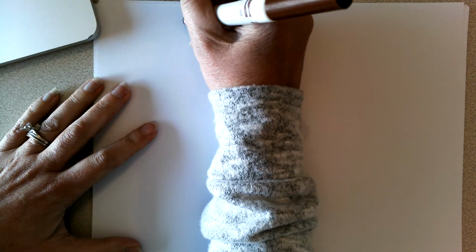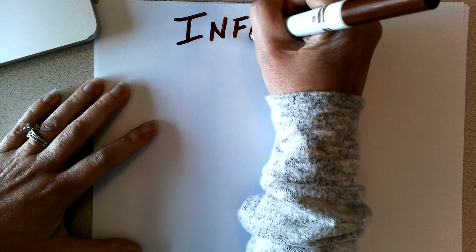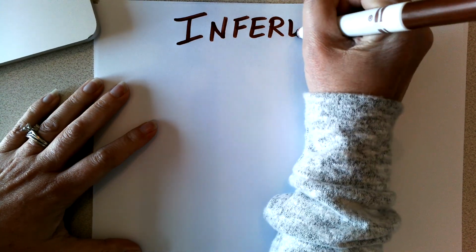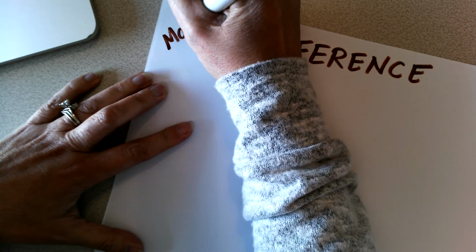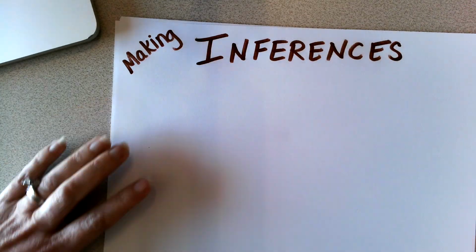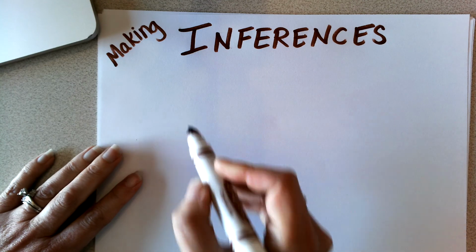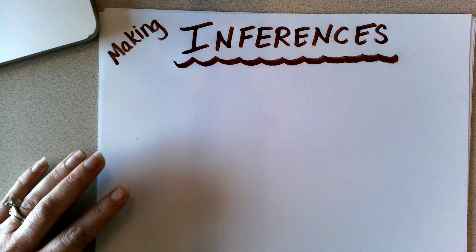At the top of your paper, we're going to put "Making Inferences," straight in the middle of my paper. Always do our little squiggly.